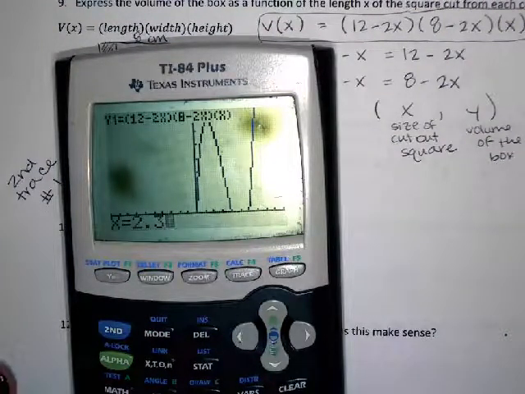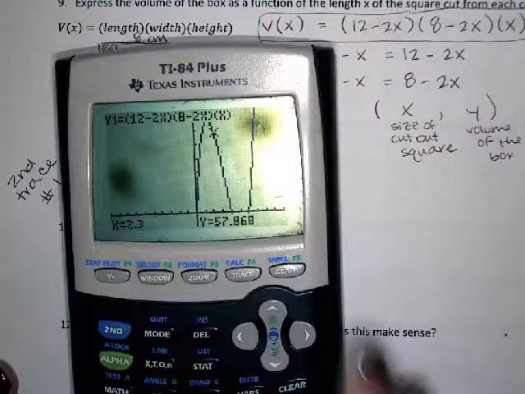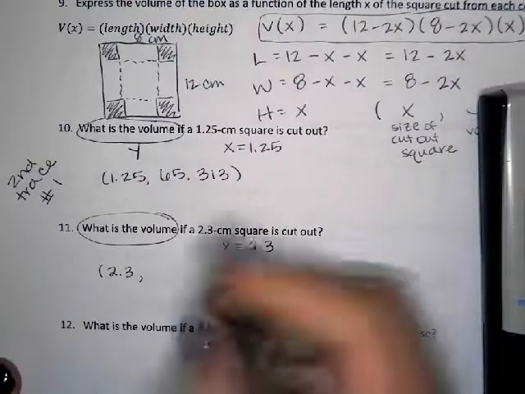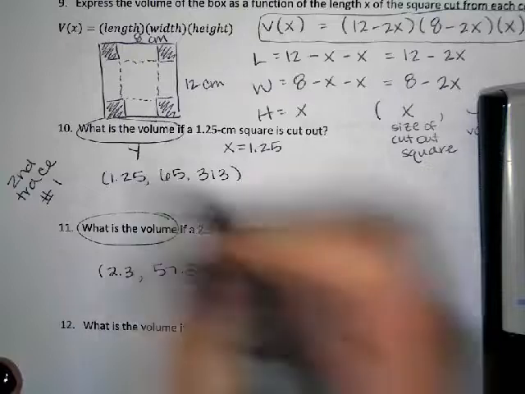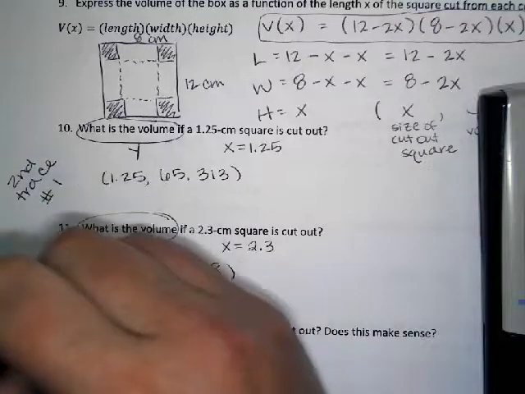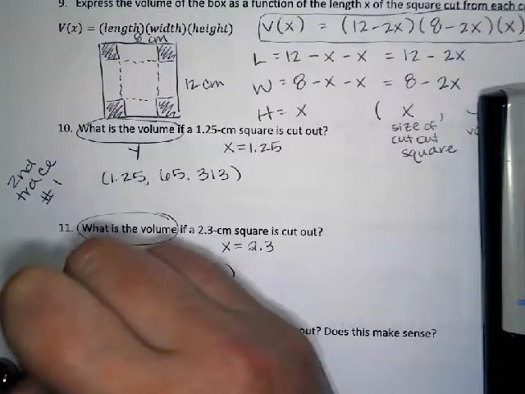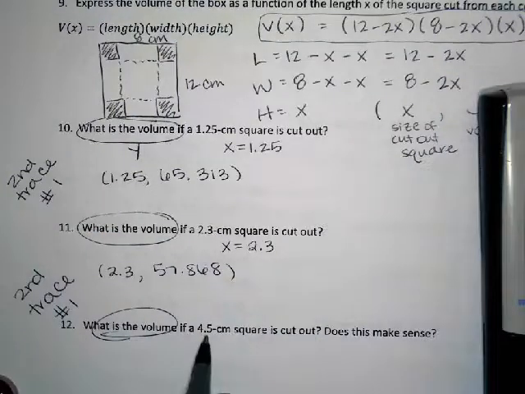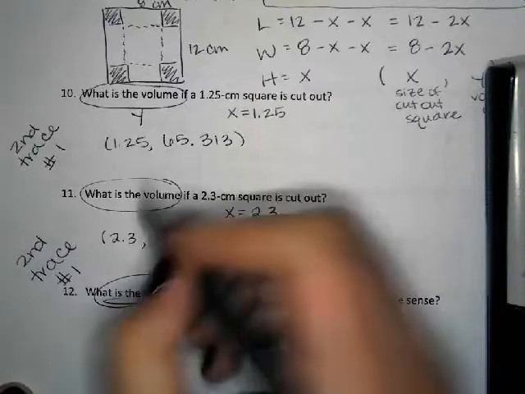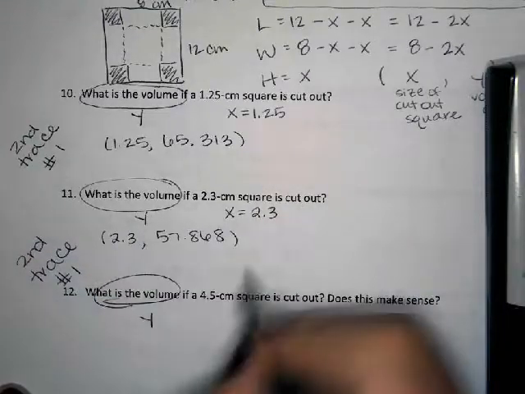What is the volume if a 4.5 centimeter square is cut out? So again, we're finding a y value, and they gave us the x value, 4.5.